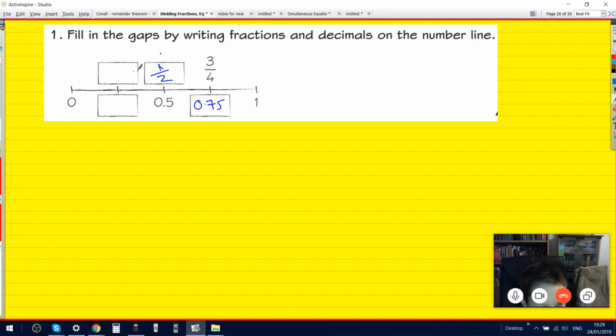Or it might be easier as a fraction. Halfway between 0 and a half. Well, as a fraction, it's... I'm not sure.